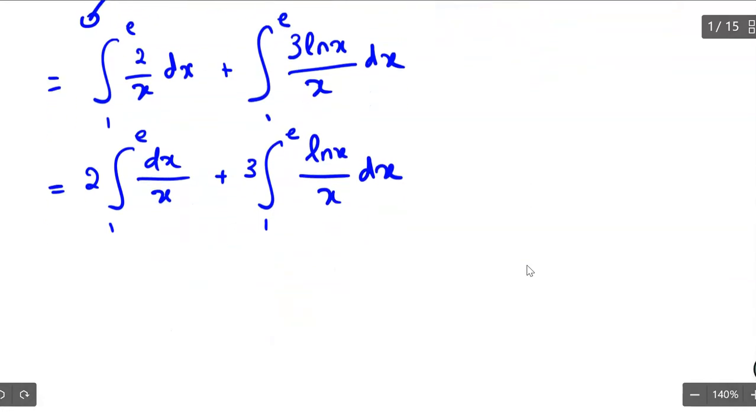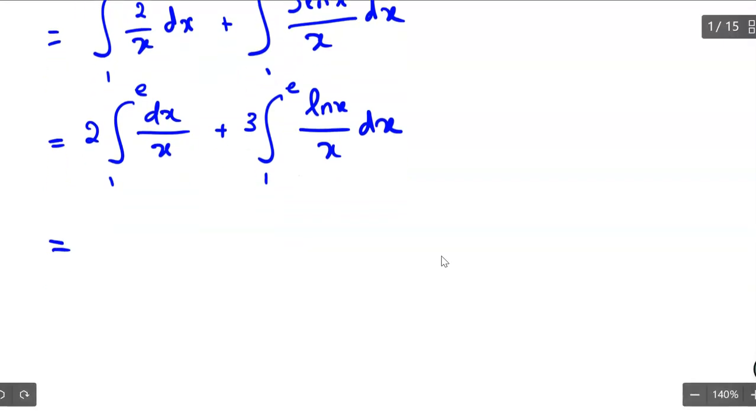Okay, so at this point you are going to see what formulas apply to this. So we know right away the formula applied to this would be ln of x, right? So ln of absolute value of x. But I will work with that in a minute.